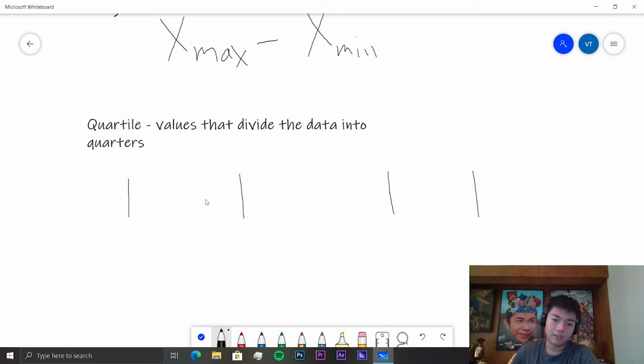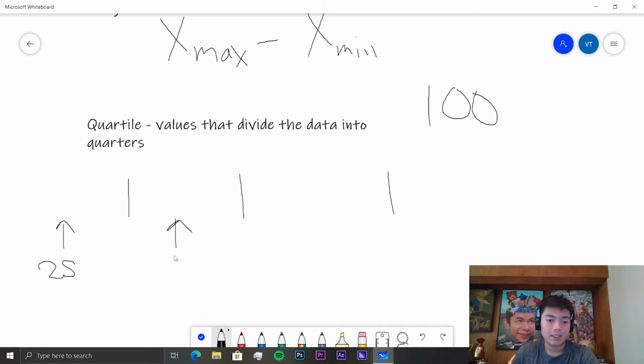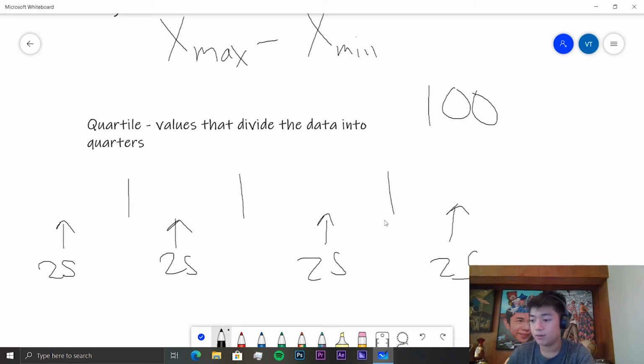You only need 3 values to do this. Say you have 100 values, so your lowest 25 would go here, your next 25 would go here, your next 25 would go here, and your final 25 would go here, arranged in ascending order.